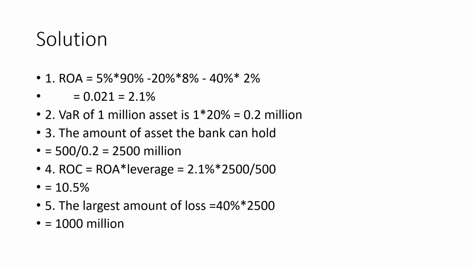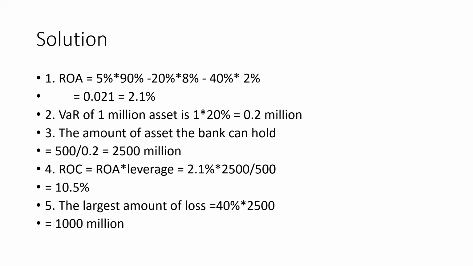Value at risk for $1 million asset is 20%, equal to 0.2 million, because the cutoff of 5% is at negative 20%, because the negative 40% part is only 2%. So then we move further 3% to the loss part is negative 20%. So the value at risk is 0.2 million.